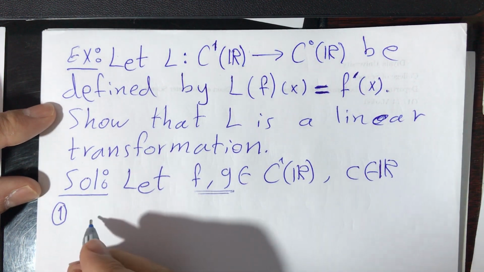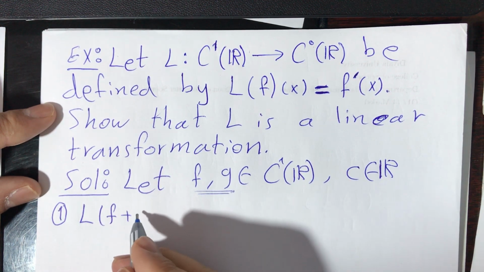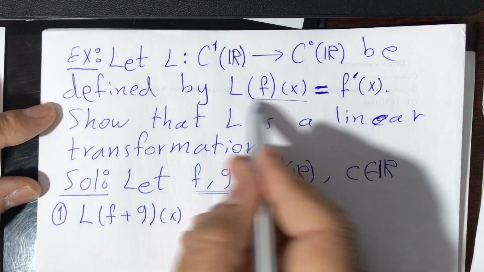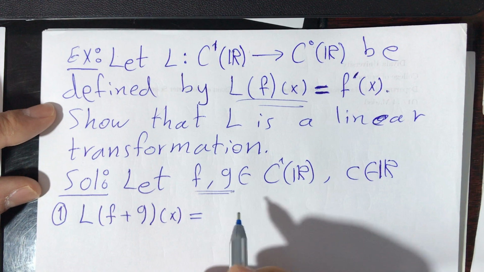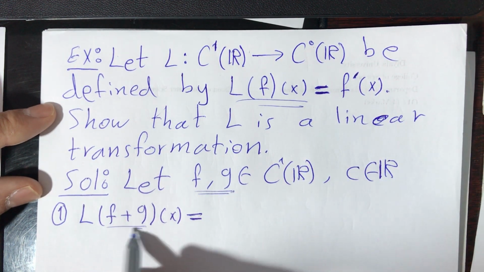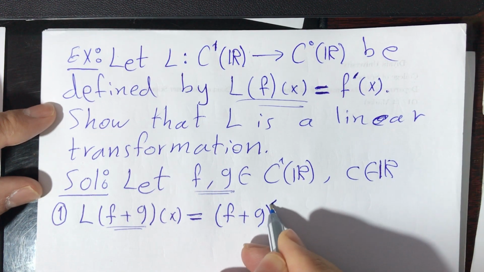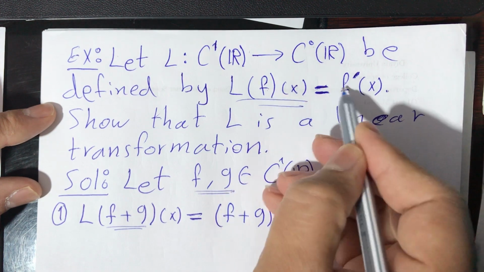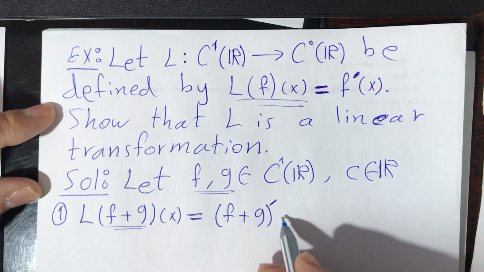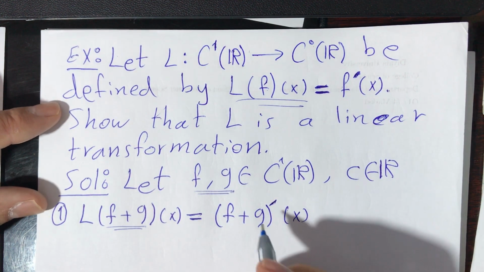The first condition, L of f plus g, here x, because this is the definition, is equal to, by definition, f plus g prime. This is the derivative of f plus g.